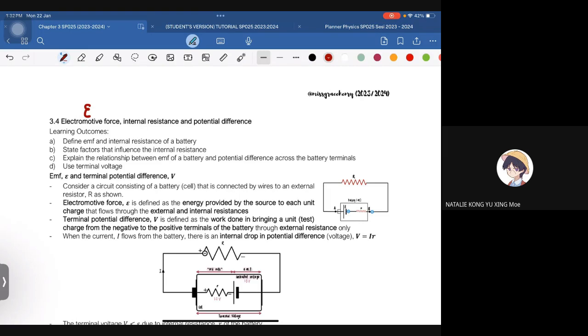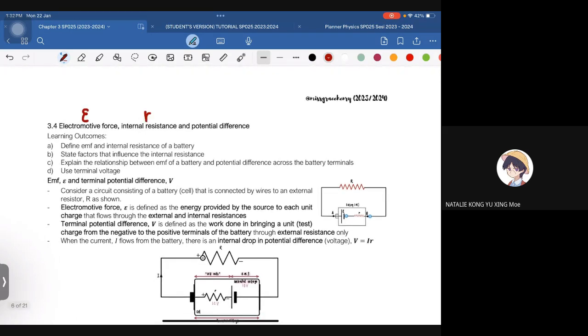Next, we have internal resistance. Internal resistance must be written as lowercase r, because if you write capital R, that is the external resistor. And then we have potential difference, that is just V. Usually students say EMF and V are not the same, right? They are the same but the definitions are different. They are actually 2 different things.